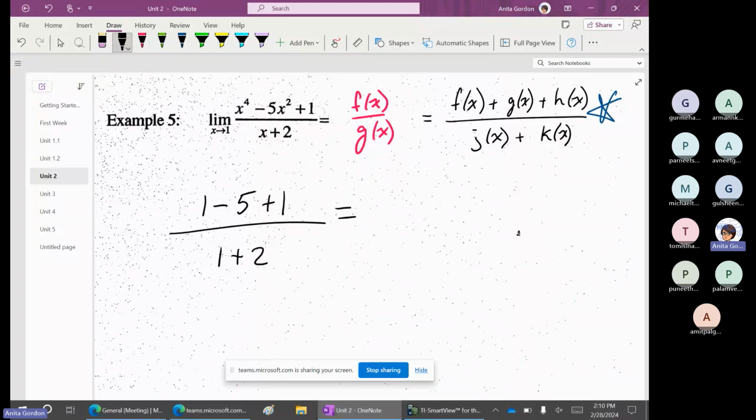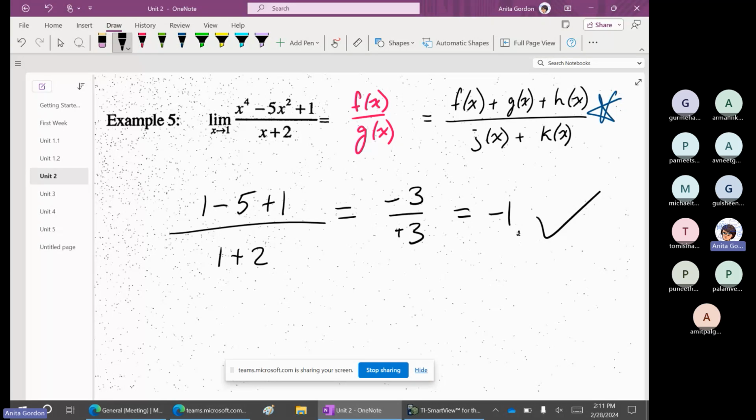Negative 3 over 3. Yes. Negative 3 over 3 is negative 1. Correct. Beautiful. You see how much quicker that is? So whenever you see something ugly, try to factor or try to break it up. Use the limit rules to your advantage so that we're not wasting time fiddling around with our calculators.